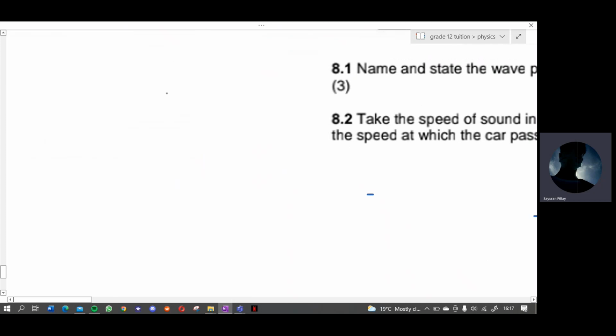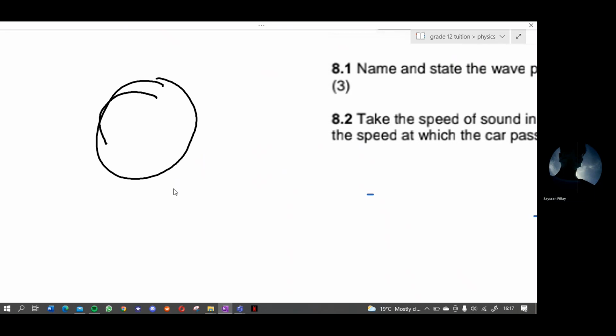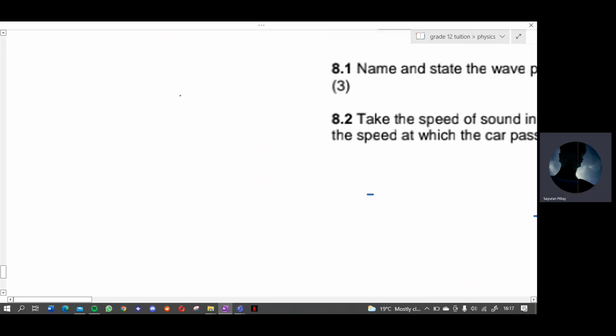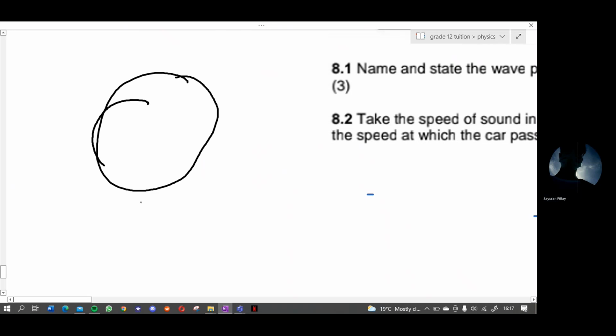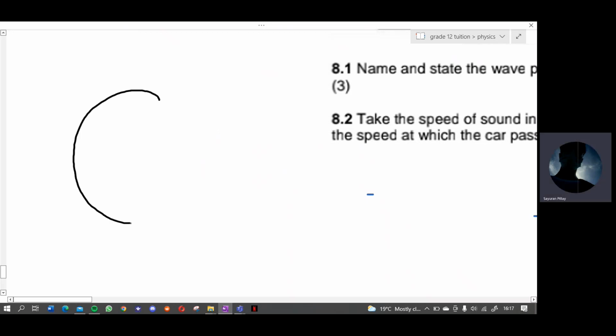That's the situation where you have sound waves propagated by a moving source. Let's draw that a bit better. I'll draw a nice circle: a sound wave in the medium, and the next one is going to be like that, and the next one like that.